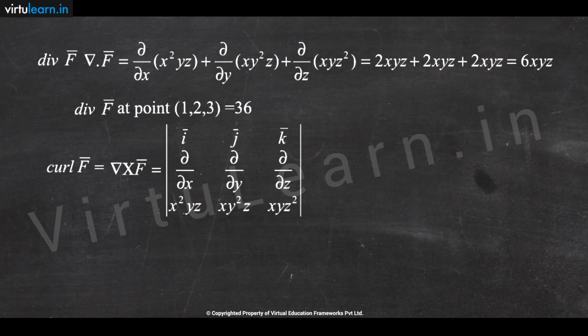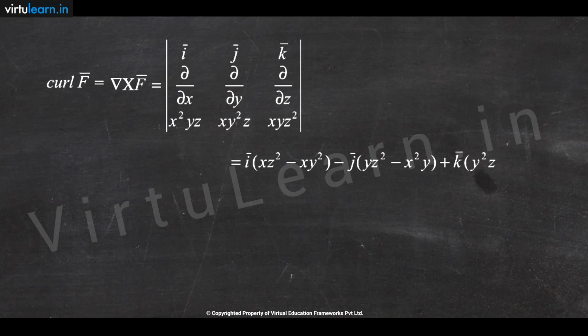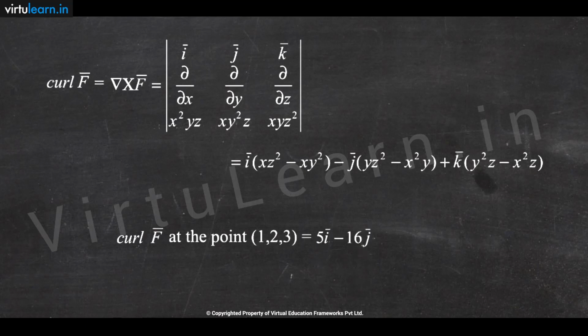The values are seen here: i bar into xz square minus xy square, minus j bar into yz square minus x square y, plus k bar into y square z minus x square z. We can as well find out curl f bar at the point 1, 2, 3. We can easily see it as 5i bar minus 16j bar plus 9k bar.